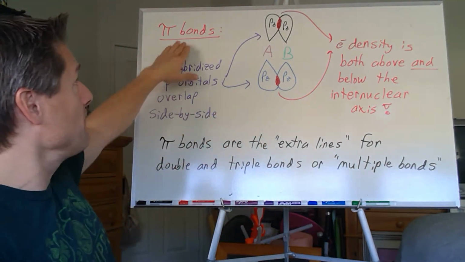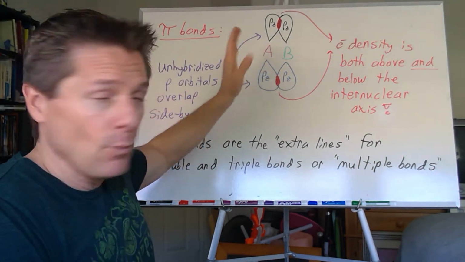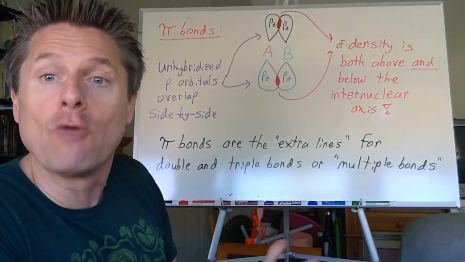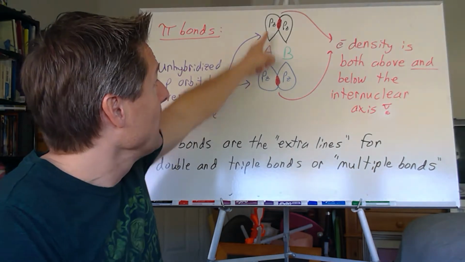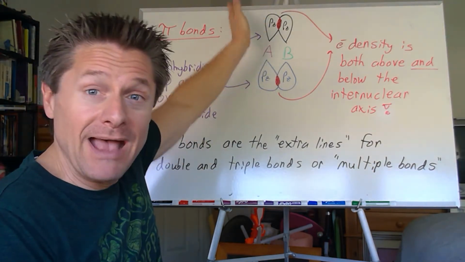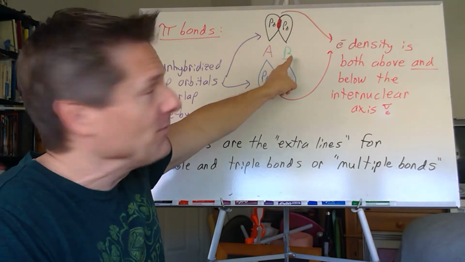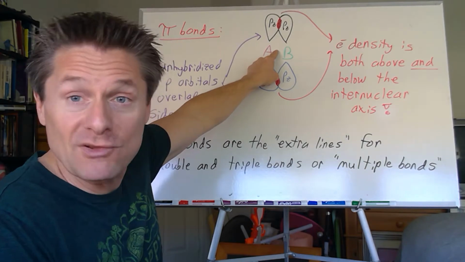Pi bonds, you ready? Pi bonds again. Let's say I have atom A and atom B. Whatever its hybridization is, let's say we have an extra leftover unhybridized p orbital in the pz direction. So atom A has an unhybridized orbital with a positive and negative lobe, different colors. And the atom next to it, B, and there'll be some electron density here we'll look at with a sigma bond, not important right now. We're focusing on the pi bond.